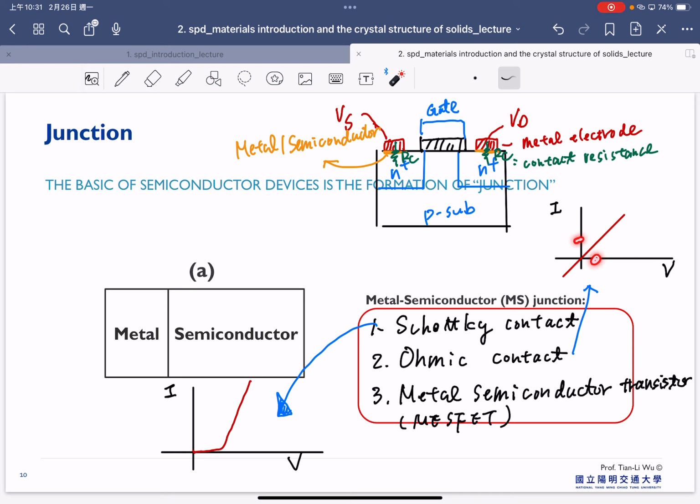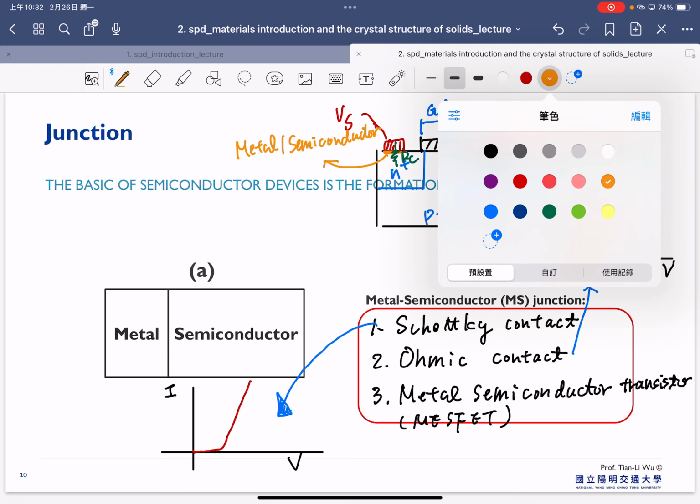You apply here, you have the current here. That is also related to a different contact characteristic. If we can make the contact have this kind of characteristic, that suggests we have very low resistance and higher current, because in this case your resistance is lower.